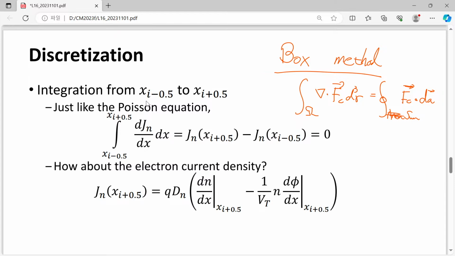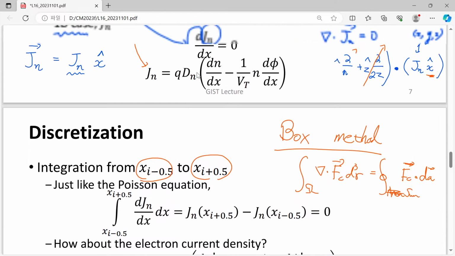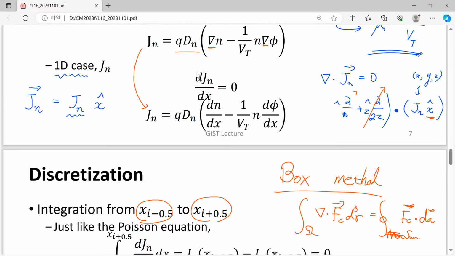Starting from one end point and the other end point, lower and upper limit, we can just integrate this system. So this system, the continuity equation, is even simpler, because previously, do you remember the Poisson equation in the one-dimensional case?